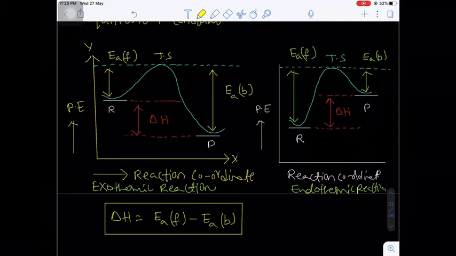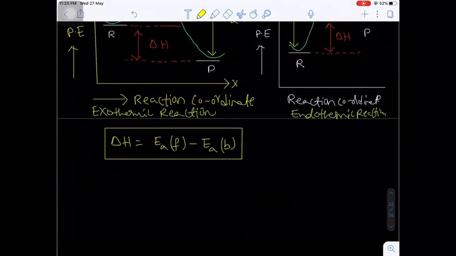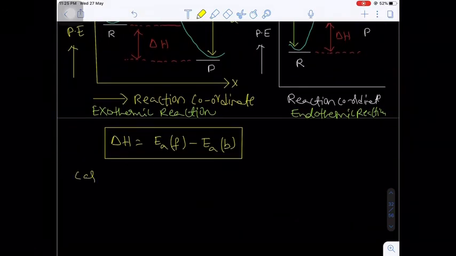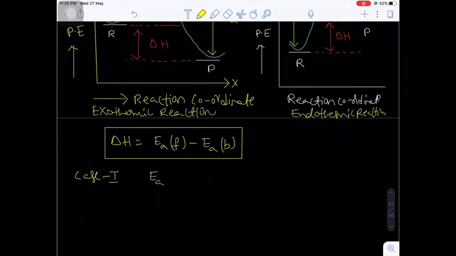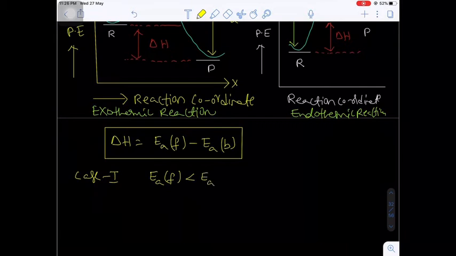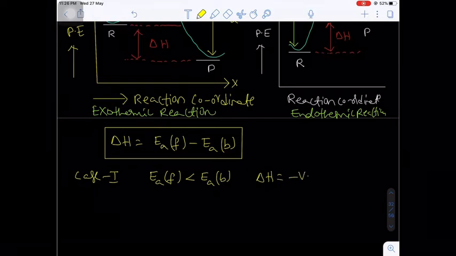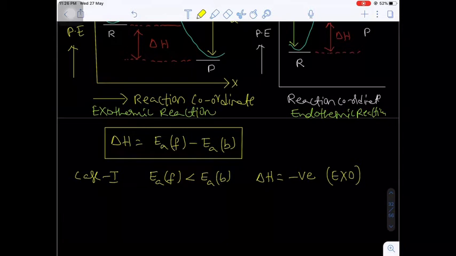Now in the first graph, if you see, the activation energy of the forward reaction will be less and the backward reaction will be very high. So in the first case, graph number 1, the activation energy of the forward reaction is less than the activation energy of the backward reaction. Then obviously the delta H value you will get is negative. That means exothermic reaction.